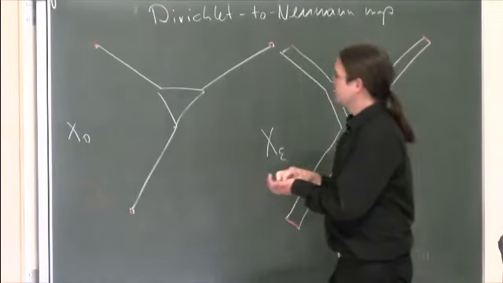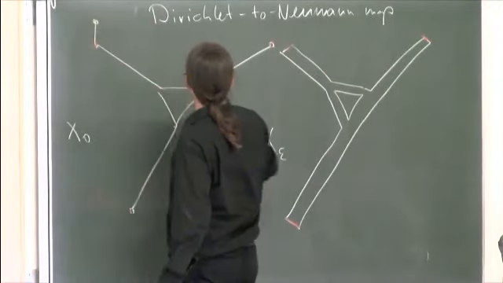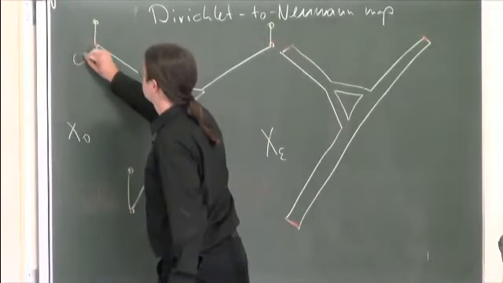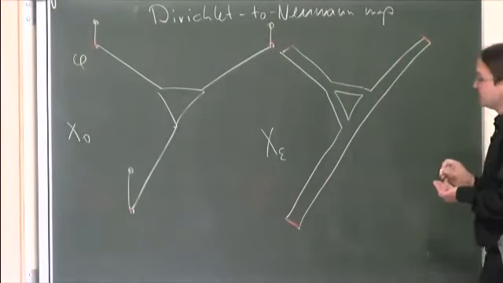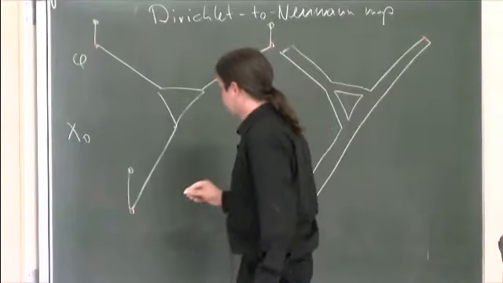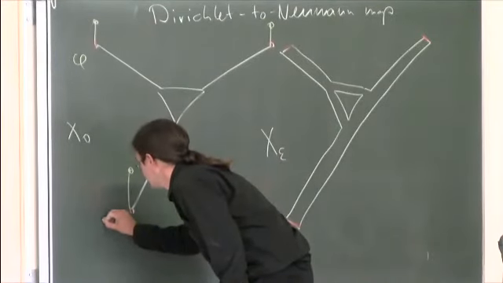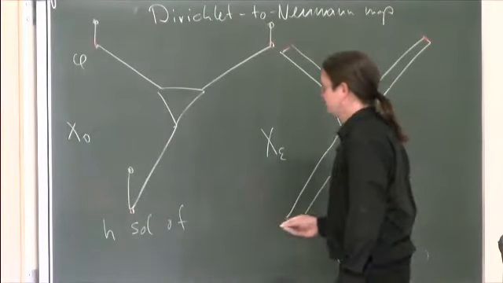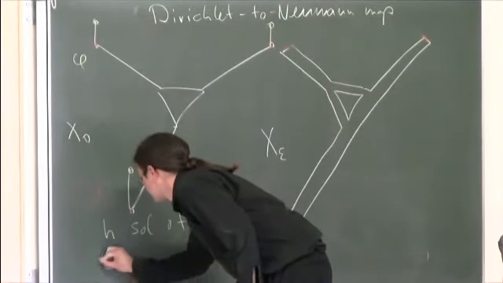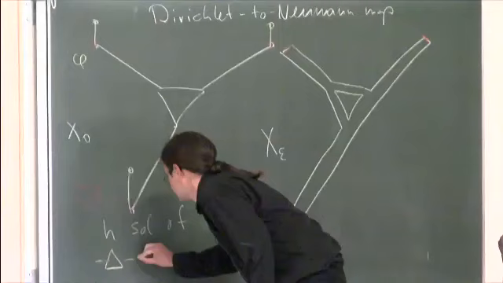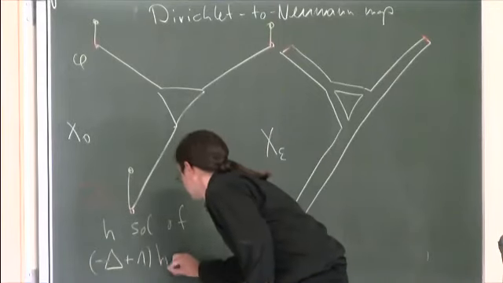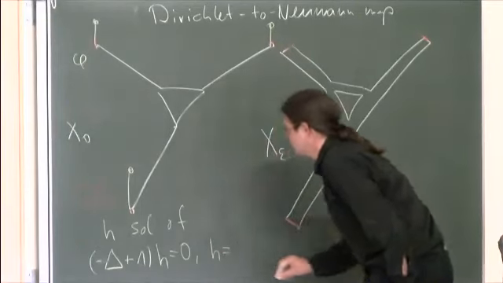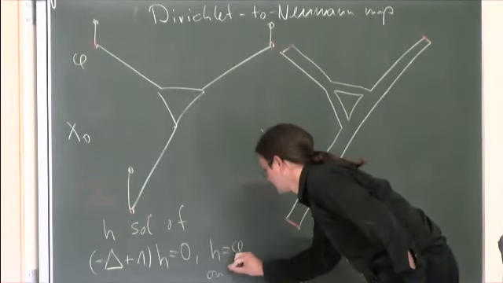At a certain point, what I do is I fix values here. You take a function phi on the boundary, and then you solve the Dirichlet problem: h is a solution of minus the Laplacian plus 1 of h equals 0, and you want h to be equal to phi on the boundary.